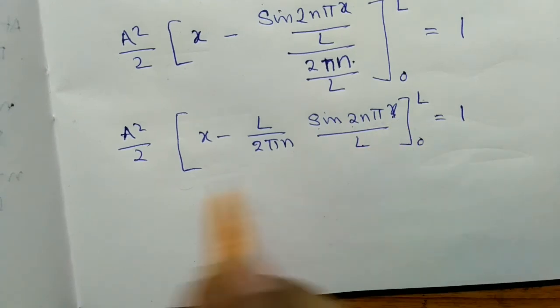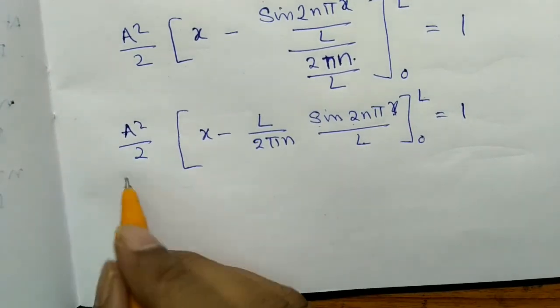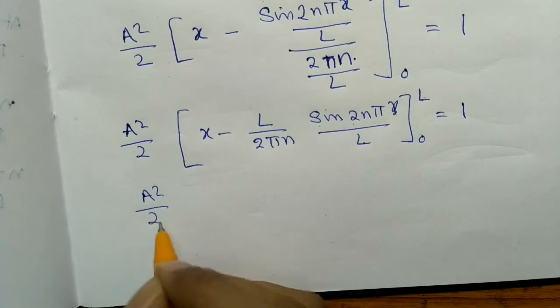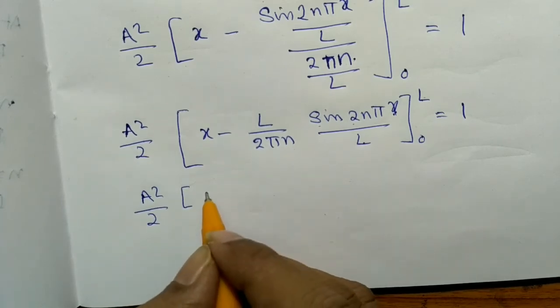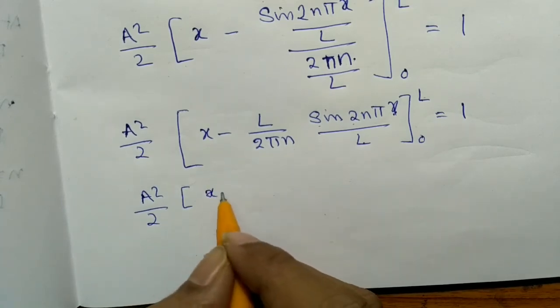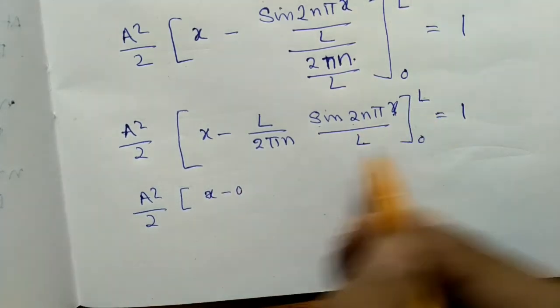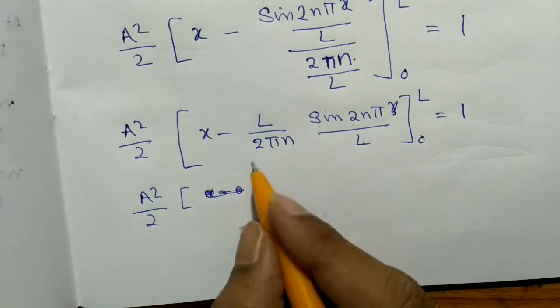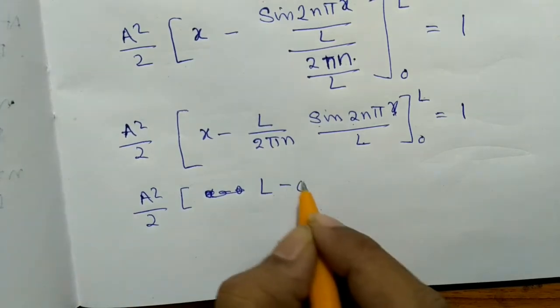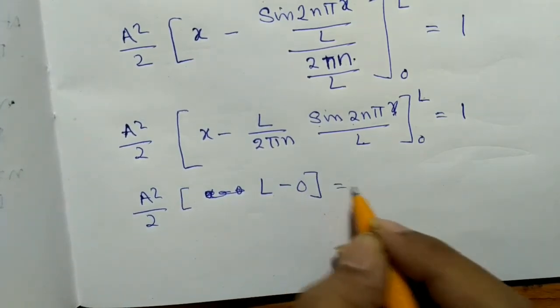So then A square by 2 into x minus 0, substituting the L value, we get L minus 0 is equal to 1.